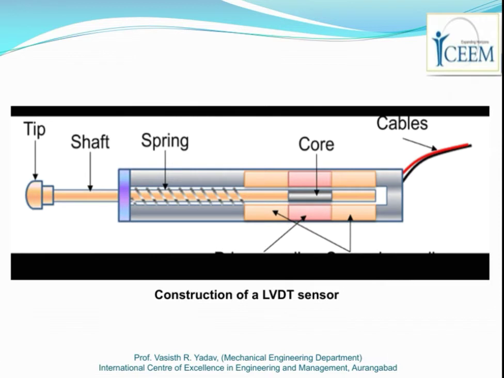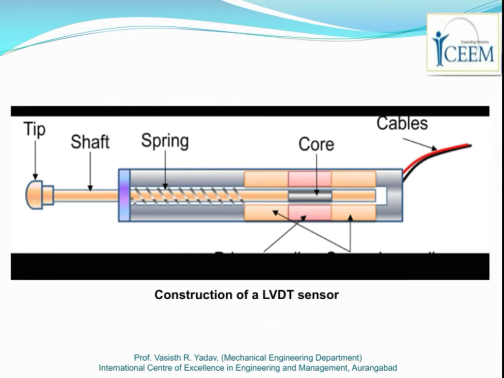So we can sum up the construction. An LVDT has a glass chamber, or an insulated tube, in which we place 3 evenly spaced coils. Among these 3 coils, the coil at the center acts as the primary coil, and the remaining 2 act as secondary coils.